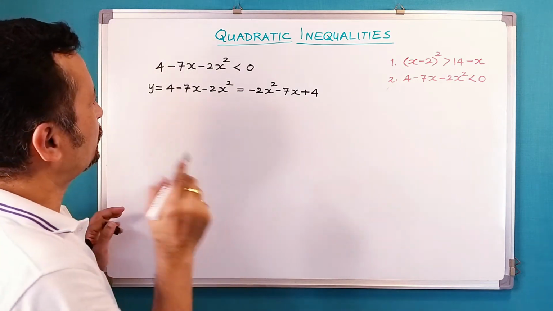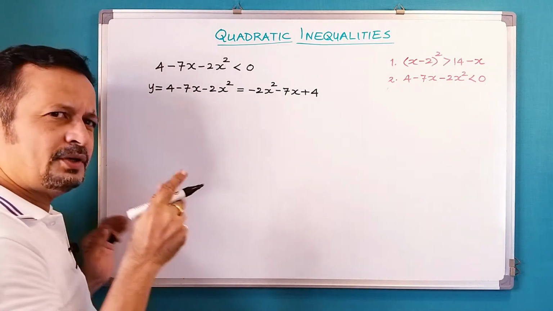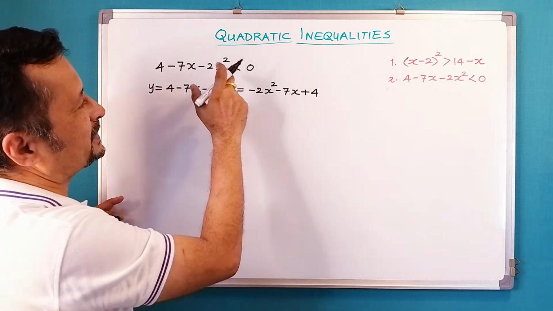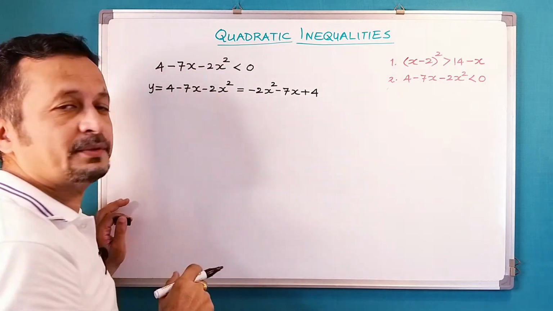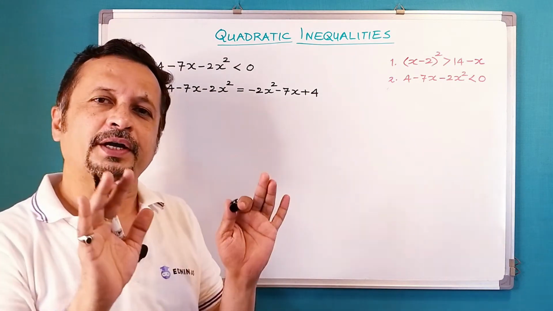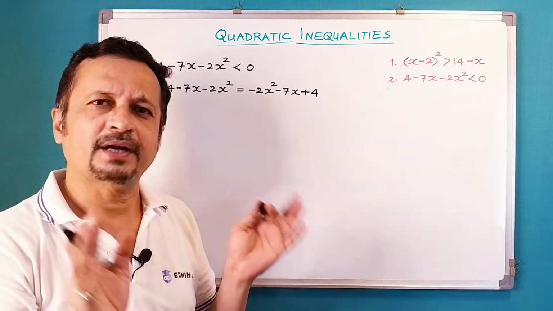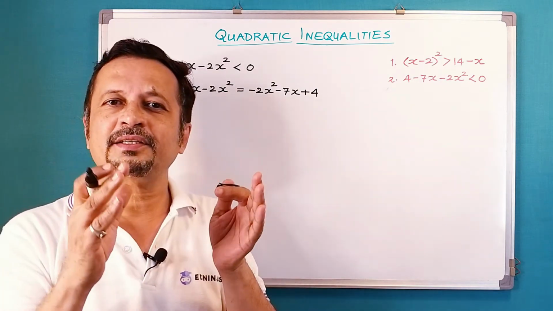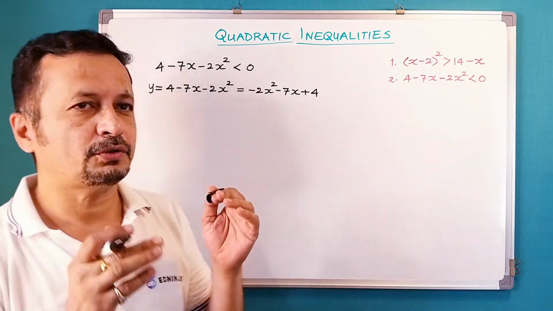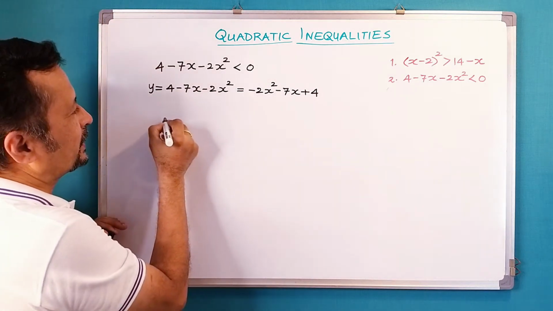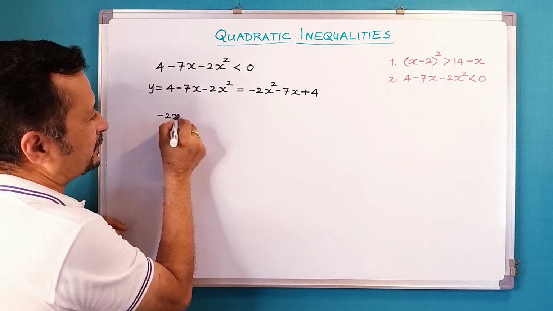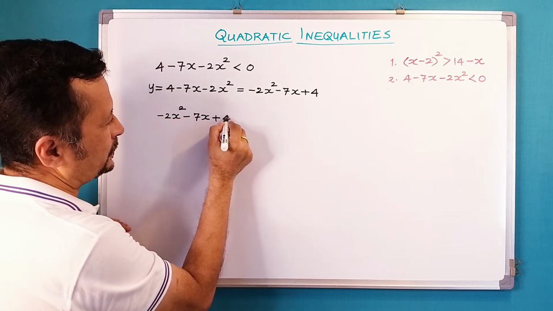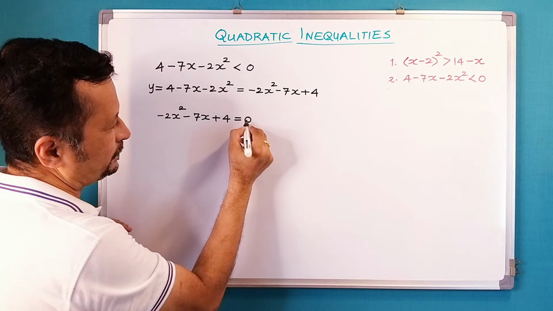As a first step, instead of taking this inequality like this over here, I'll try to find the x-intercepts. For that I have to equate y to 0. As I find my x-intercepts, then I'll come to know how the curve is going to look. So minus 2x square minus 7x plus 4 is equal to 0.